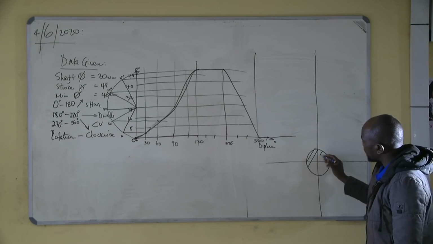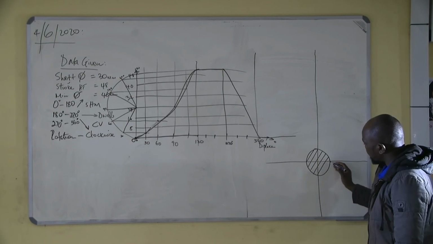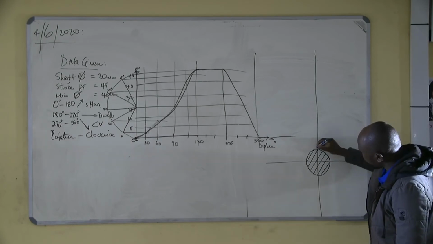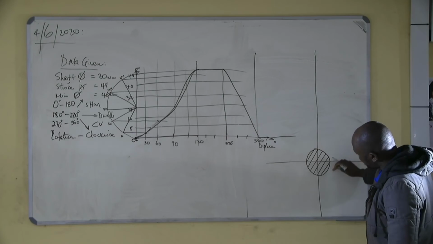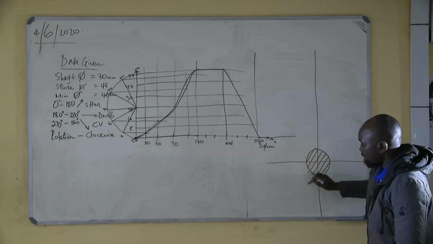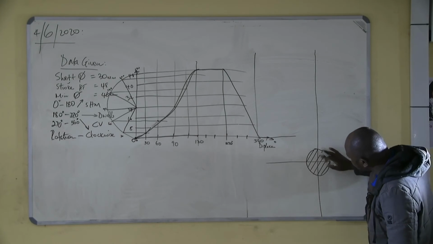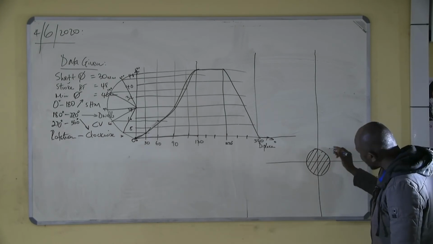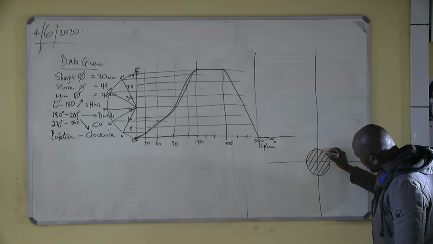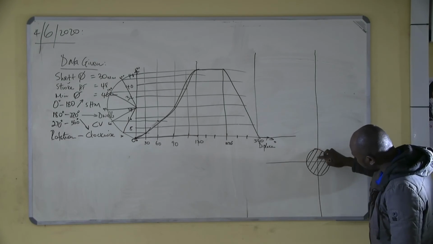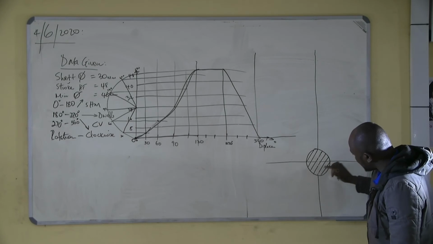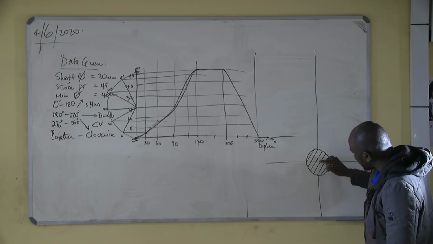The diameter of the shaft, and normally I said we hatch it, so we section it. And remember the sectioning, these sectional lines should touch both ends of that circle. It shouldn't be lines that are ending nowhere. They must touch. And when we are marking, we do mark that as well.